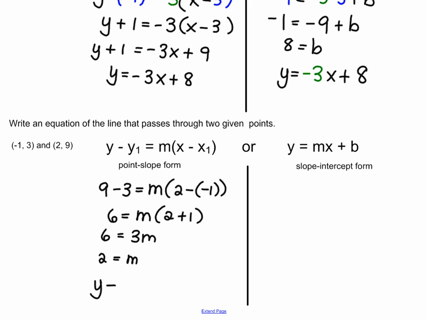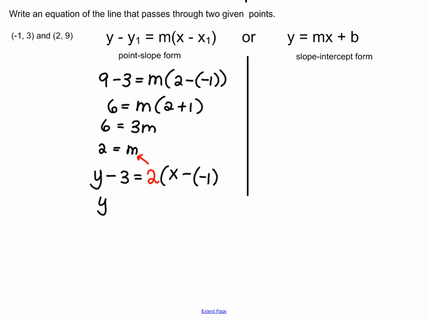Let's say I'm going to choose the first one, 3, equals our slope of 2, which we had just calculated, times x minus, remember I used that first point, and now we have y minus 3 equals 2 times x minus a -1, which is x plus 1. Careful, I should have another parenthesis there. I'm going to distribute the 2 and then add this 3 to both sides.